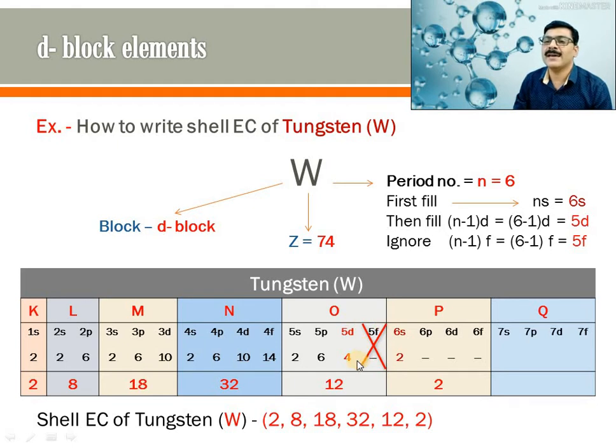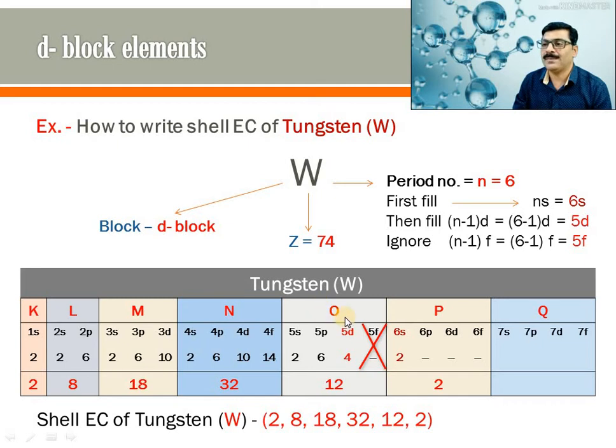Now let us see the electron capacity of each shell. K shell contains 1s electrons, so it has 2 electron capacity. L shell 8, M shell 3s, 3p and 3d, so 18 electrons. N shell contains 4s, 4p, 4d and 4f, so total 32 electron capacity for N shell.